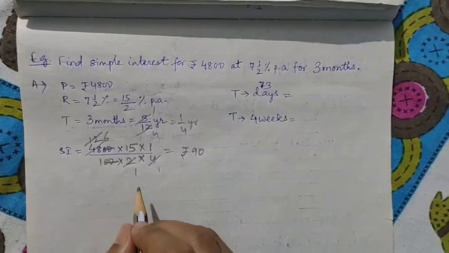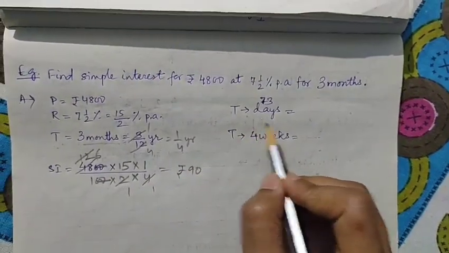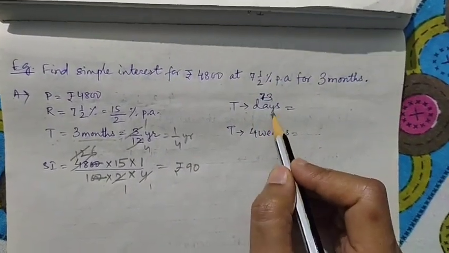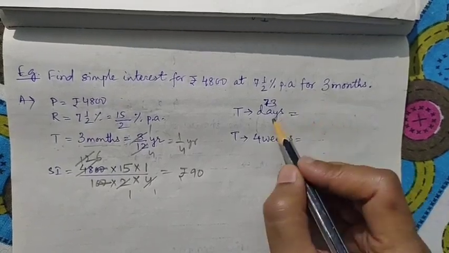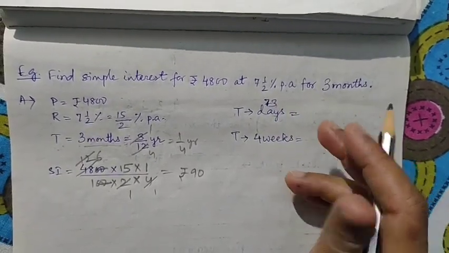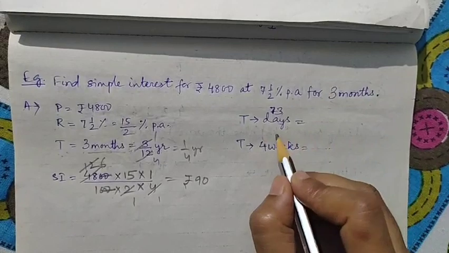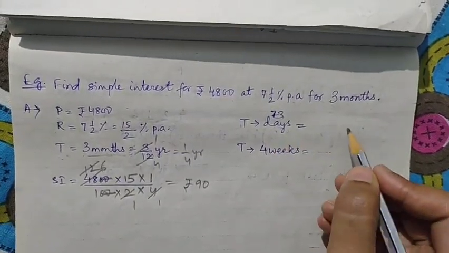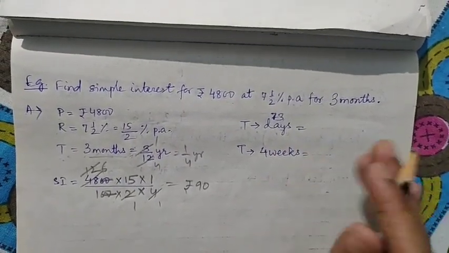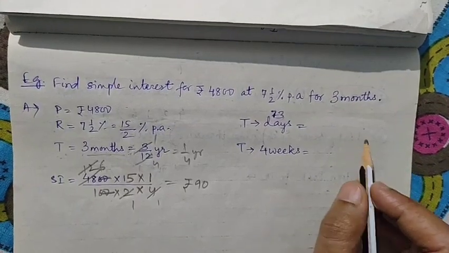90 is the SI. Suppose the time is given in days, suppose 73 days, so you have to convert it into year. So how will you convert days into year? You have to think of the relationship between days and year. How many days are there in one year? If it is a non-leap year, then it is 365 days.